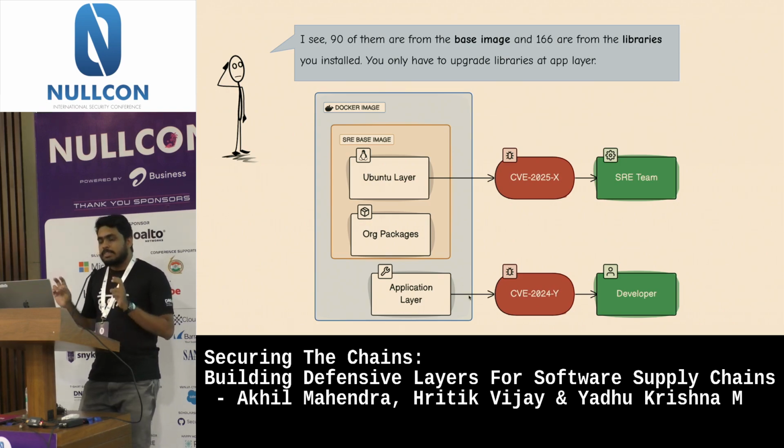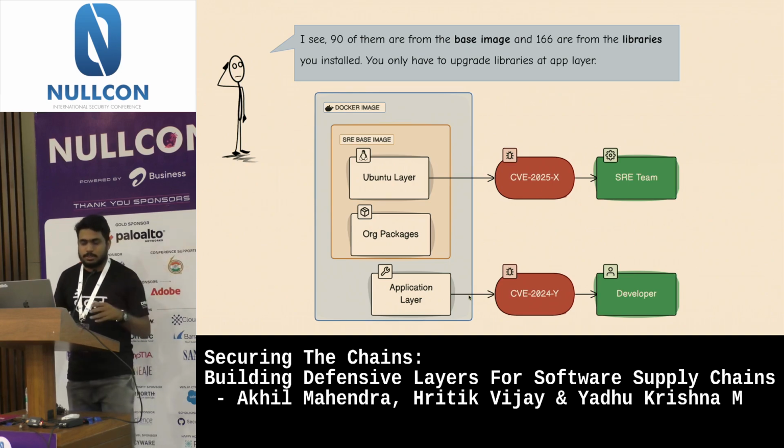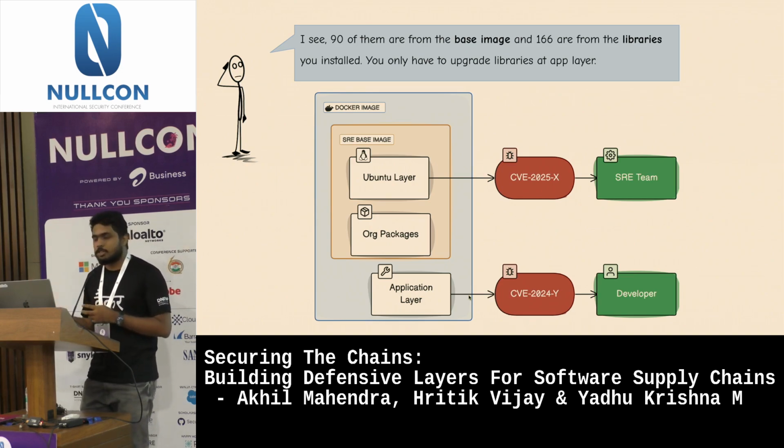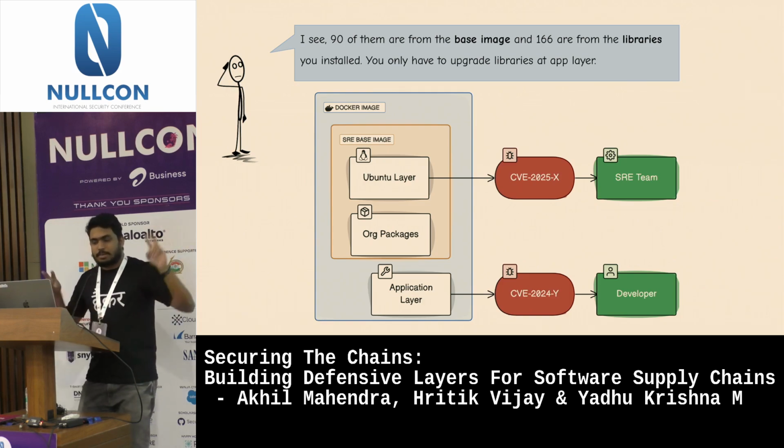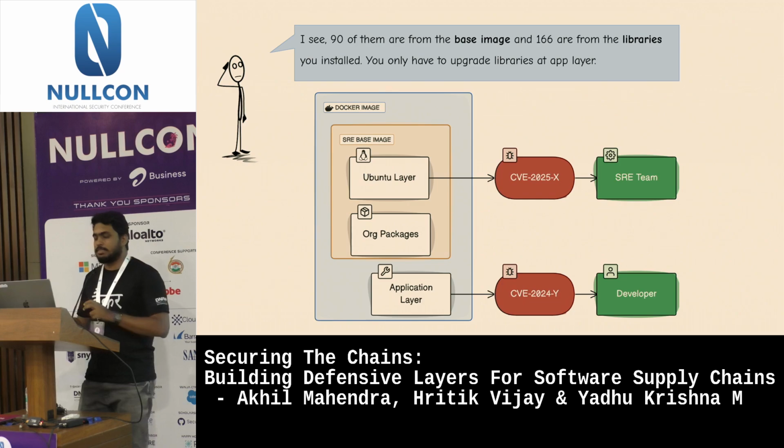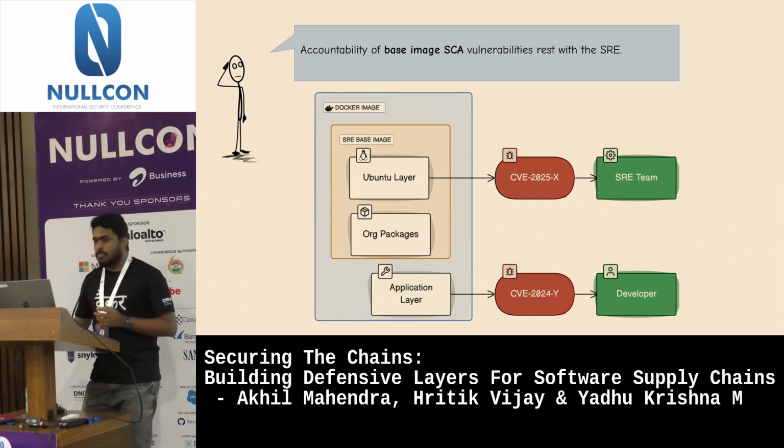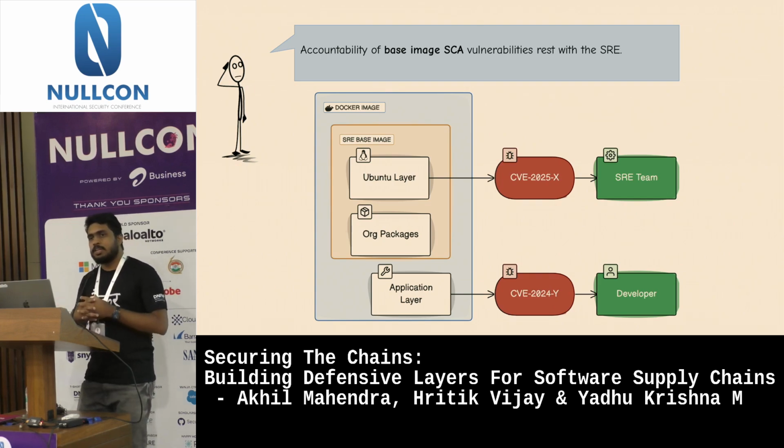So the developer basically imports that base image and uses it, and does not have control over it. So any vulnerabilities that are introduced from the base image should be fixed in the base image and not in the application layer. So the accountability for base image level SCA vulnerabilities would be completely on the platform team, the SRE team or the DevOps team.